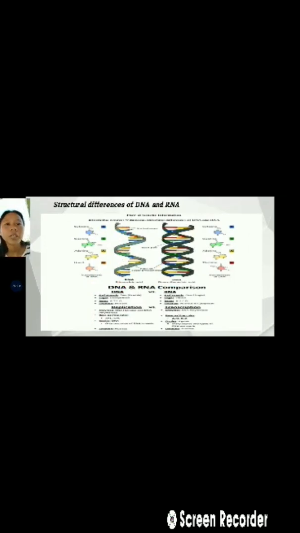Structural differences of DNA and RNA. This is an example of DNA and RNA as carriers of genetic information.